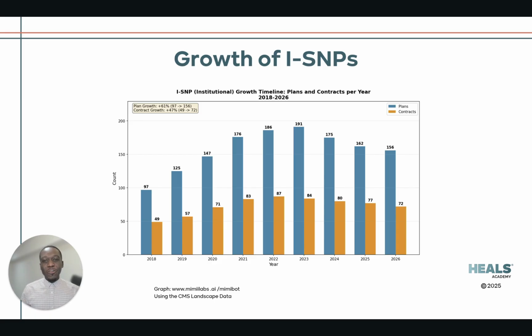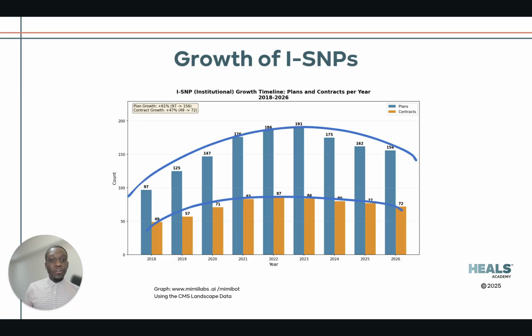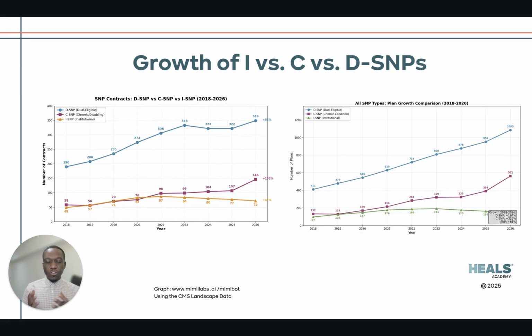But coming to the growth of I-SNPs, looking at the plans and the number of contracts, you can see that the I-SNP numbers have been going down relative to the other two that we learned of last time. Going through the comparison of the I versus the C versus the D SNPs, you will see that D-SNPs are all high here, looking at the plans versus the number of contracts.